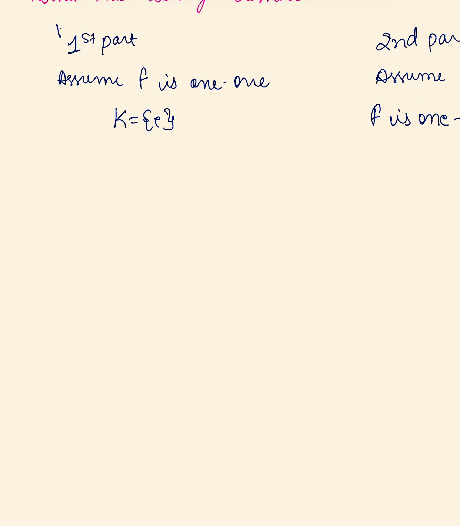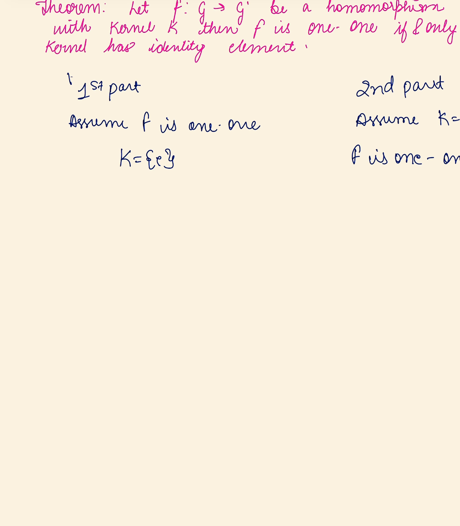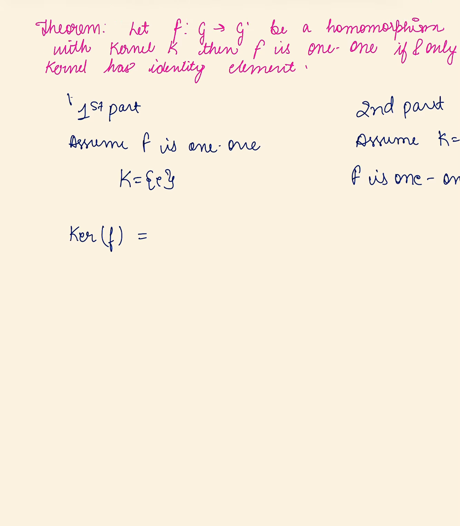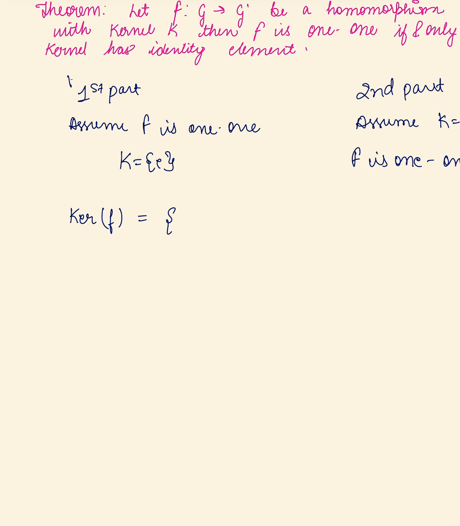So let's prove part 1. Firstly, I will tell you the definition of kernel. The kernel of f consists of every element x that belongs to G, such that the image of x is equal to E dash. Now you might be wondering what E dash is.